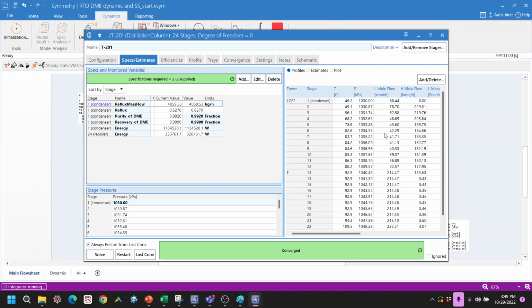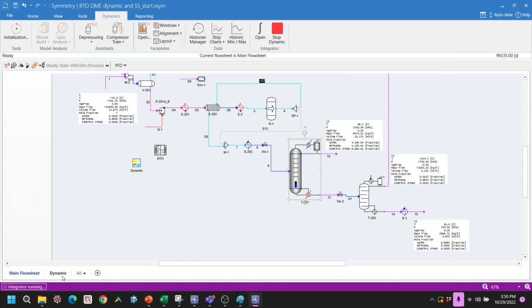It's just that the performance differs, because in the steady state calculation we have an equilibrium-based calculation, while in the dynamic it is not equilibrium based. It's more detailed because we have included the size of the trays and spacings and whatnot.